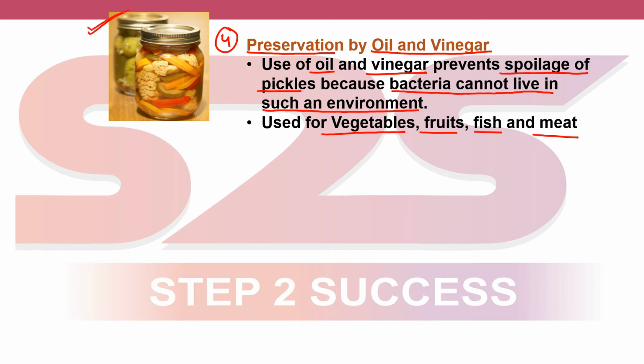This is showing the preservation by oil and vinegar. We need to note that though microorganisms can survive in almost all kinds of environment, in the environment where we use oil and vinegar, bacteria cannot live, and thus the food item is preserved. So it is used for vegetables, fruits, fish and meat.